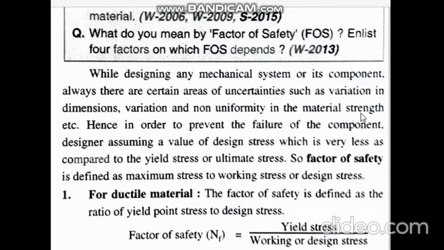Whether internally in the component there are any blowholes or any kind of problems in the crystals, we don't know. So we don't know about the material properties. We are not sure that everything called mild steel will have exactly the same strength.